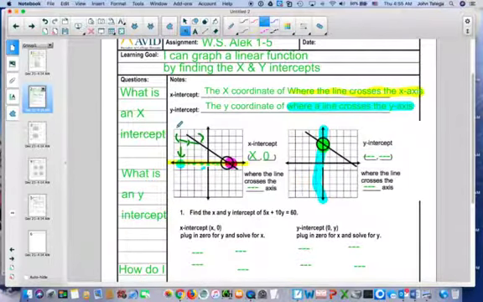So this would be negative 4 in the x and 0 in the y. So all of these points would have 0 in the y, right? Their y would always be a 0. All those have a 0 in the y. Okay? This is where the line crosses the x-axis. So this one right here would be the x-axis.